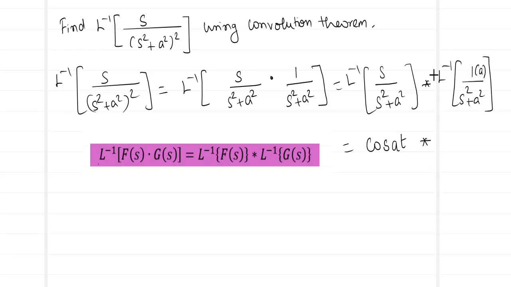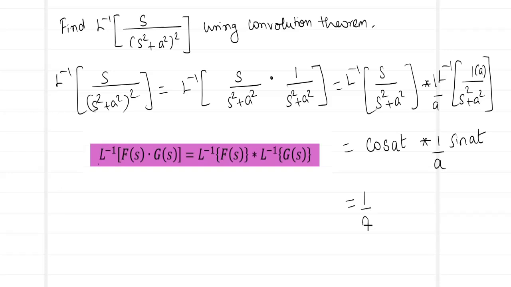So balance it by multiplying and dividing by a. This gives me 1 by a times, now the Laplace inverse of a by (s square plus a square) makes it sin at. So I have Laplace inverse of s by (s square plus a square) the whole square equal to cos at convolution 1 by a sin at.